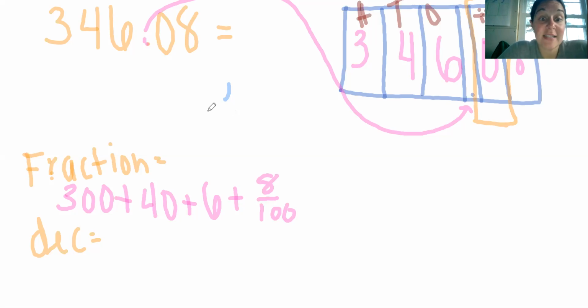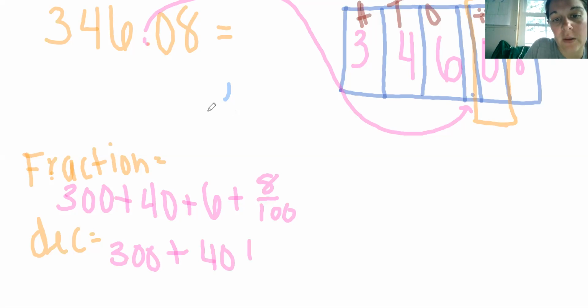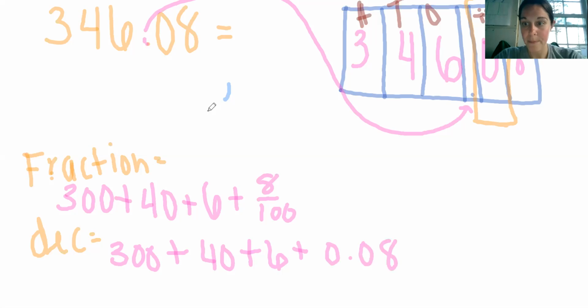Perfect. Now let's do it as a decimal. 300 plus our 4 tens, which is 40, plus our 6 ones, plus, I don't have any tenths, so I'm going right to my hundredths, which is 0.08.